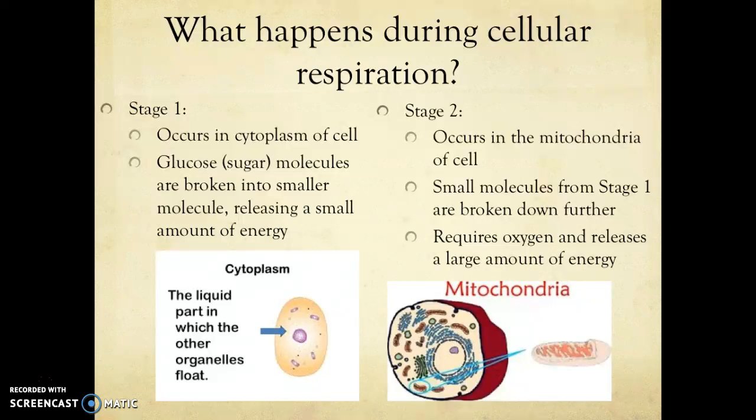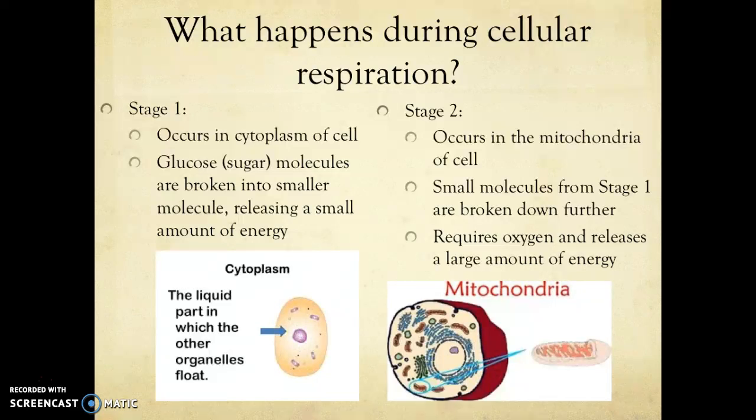You might remember from 6th grade that the mitochondria is responsible for energy. It's the powerhouse of the cell. So that's where stage 2 of cellular respiration occurs. Those small molecules from stage 1 get broken down even further.